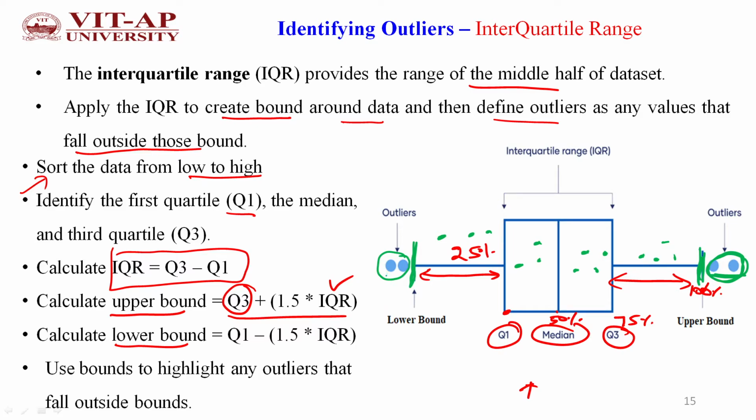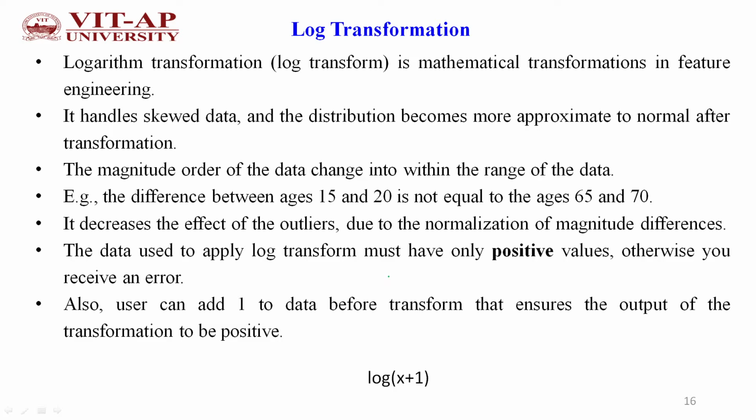In this manner we can identify the outliers. So the outliers can be identified by using two methods: one is the sorting method and the other is the data visualization method. The data visualization method has two methods: one is the Z-score and the other is the interquartile range.